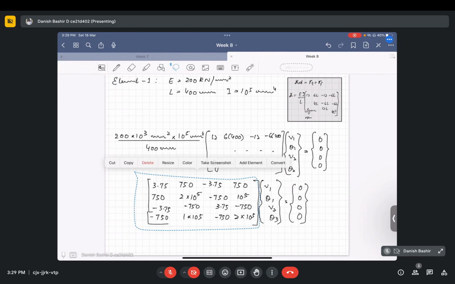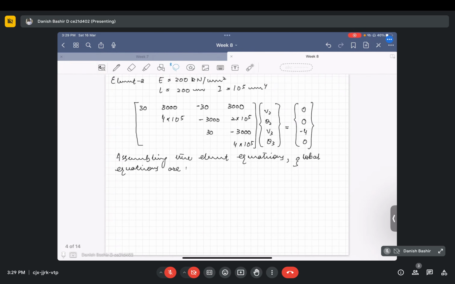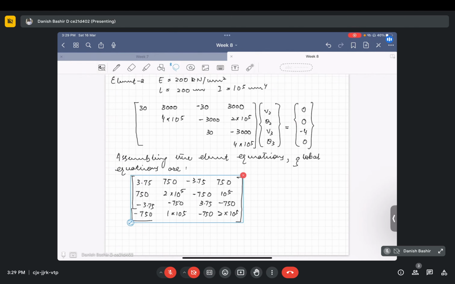Copy this, and then there will be two more rows of this. It will shift two rows here, two rows there.